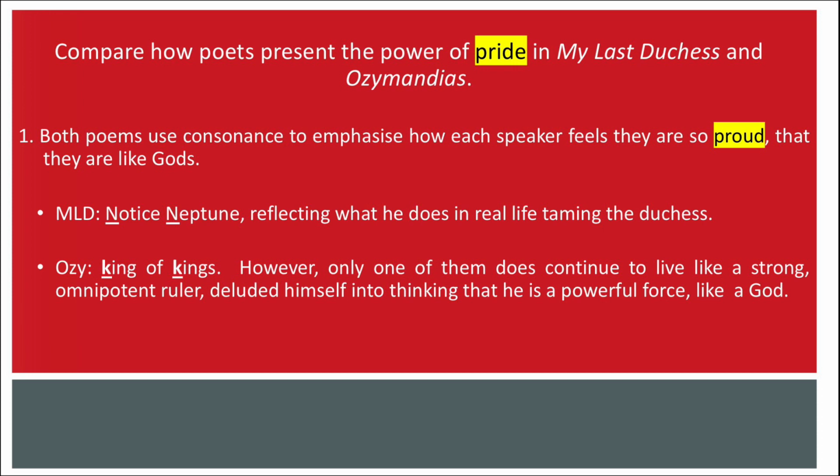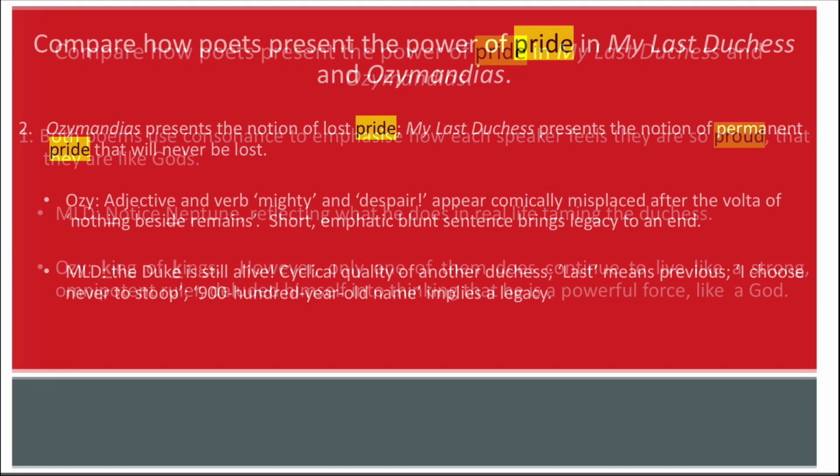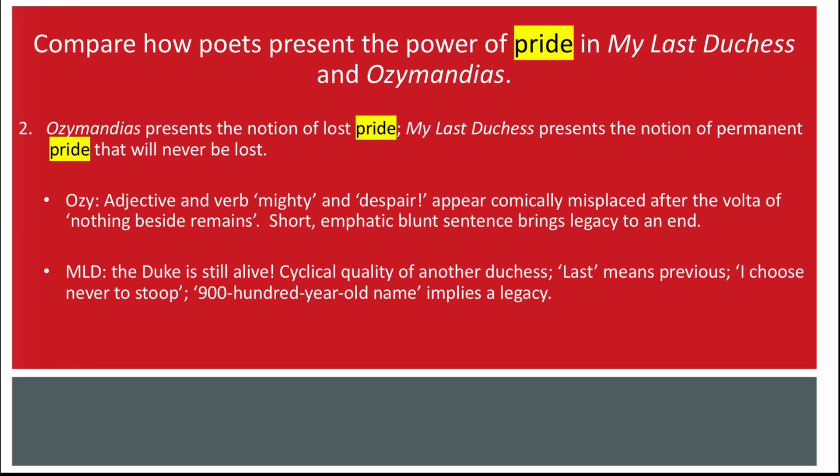However, only one of them does continue to live like a strong, omnipotent ruler. Omnipotent meaning all-powerful. And that's the Duke of Ferrara in My Last Duchess. This is different to Ozymandias, who has deluded himself into thinking he is a powerful force, like a god, that will last forever.